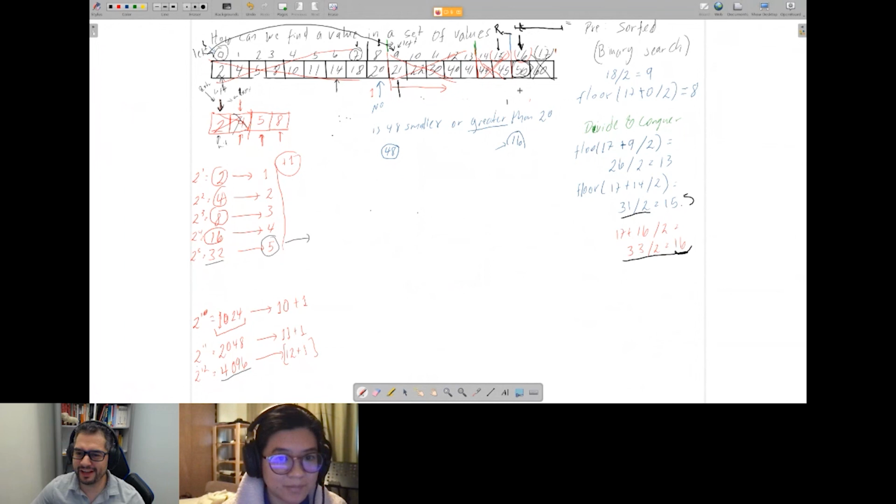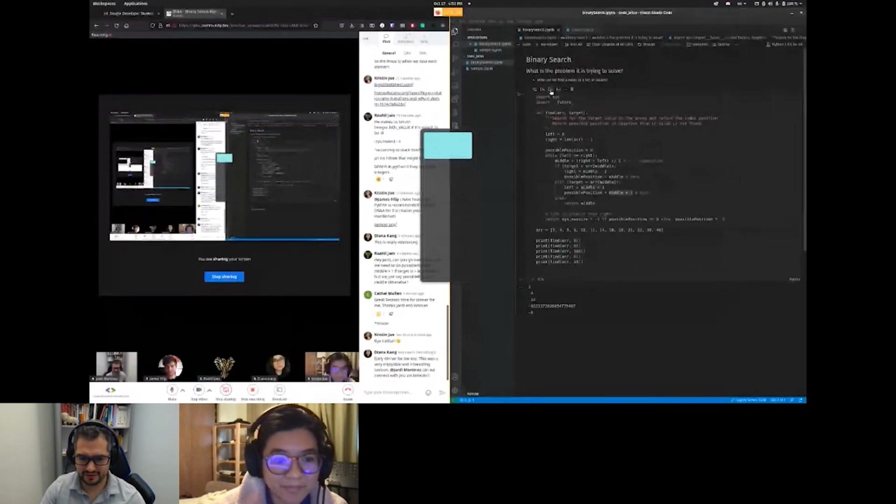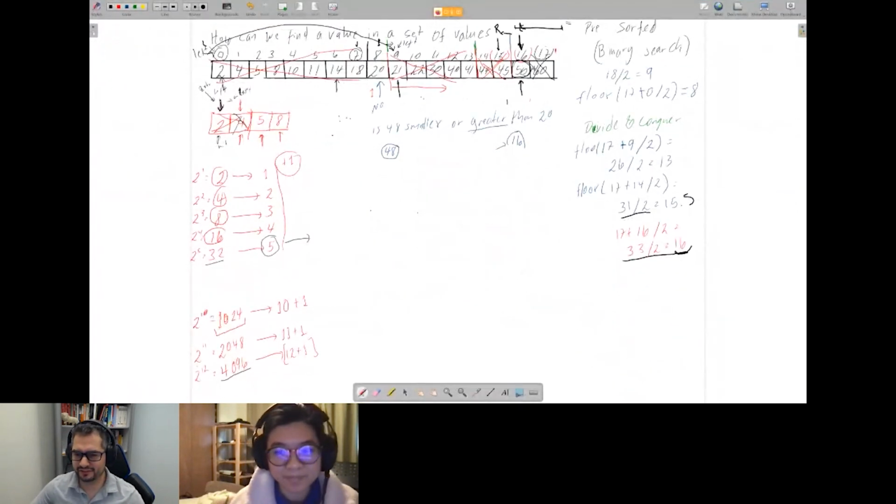But now what I realize is that where should 48 be? 48 should be right here, right? Am I correct? Yeah, 48 should be right here.